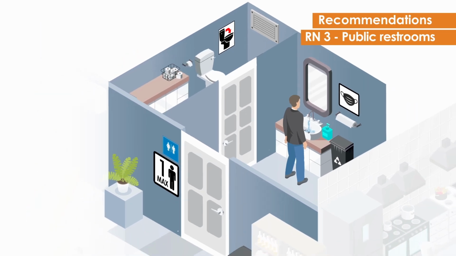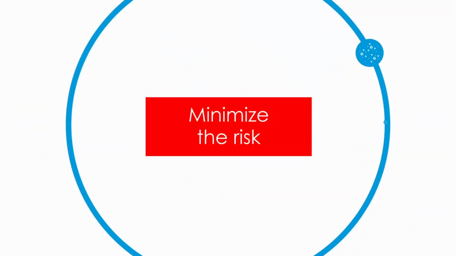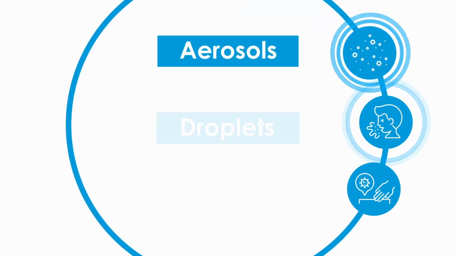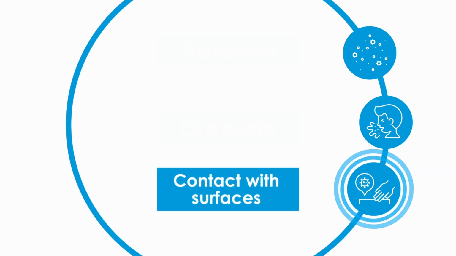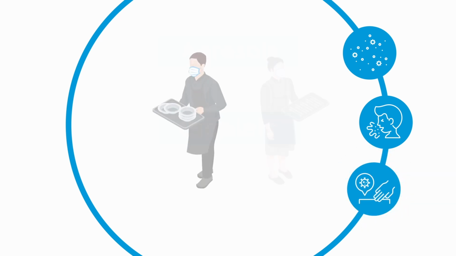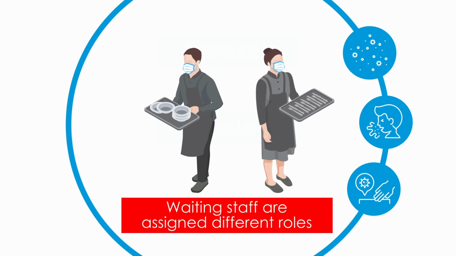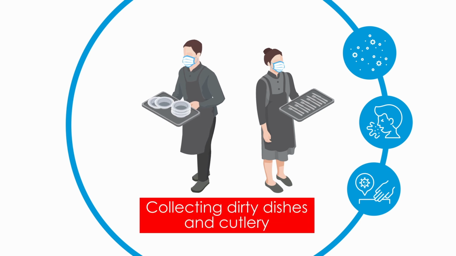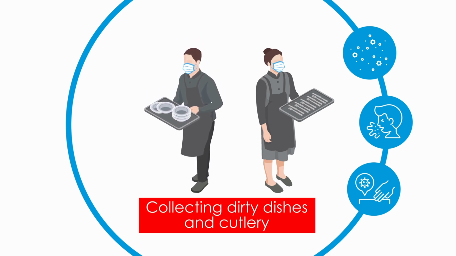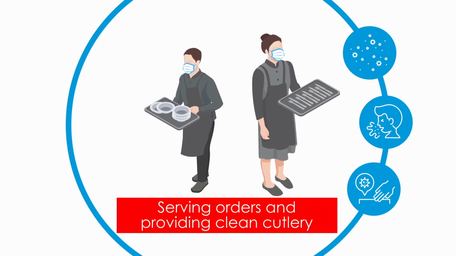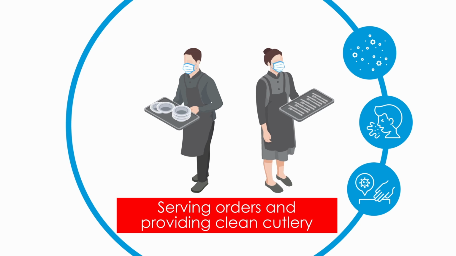The aforementioned measures are aimed at minimizing the risk of droplet and aerosol transmission. Furthermore, with regards to transmission through contact with infected surfaces, it is recommended that waiting staff are assigned different roles, with some responsible for collecting dirty dishes and cutlery, and others responsible for serving orders and providing clean cutlery.